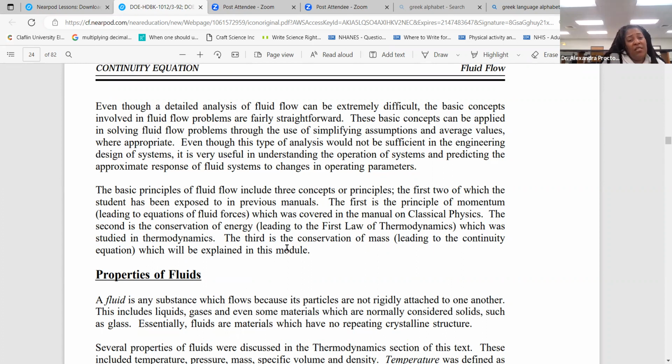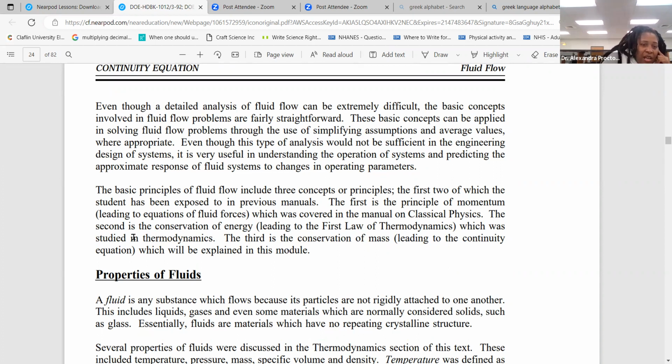So the basic principles of fluid flow include three concepts. The first, which the student has been previously exposed to, is momentum, leading to the equation of fluid forces, which is covered in a manual on classical physics.